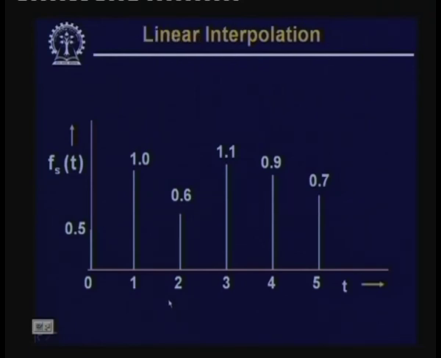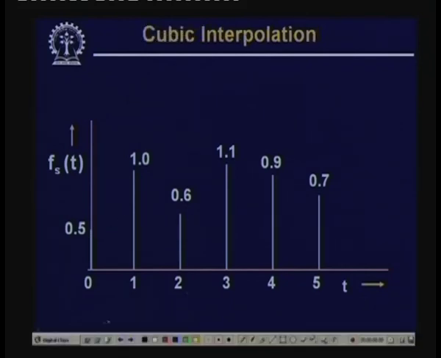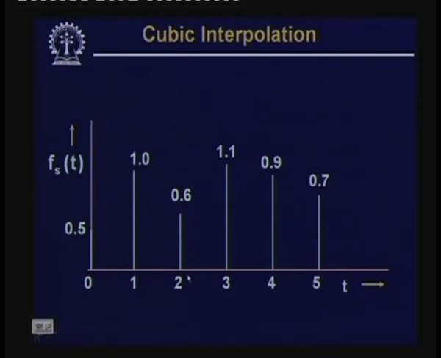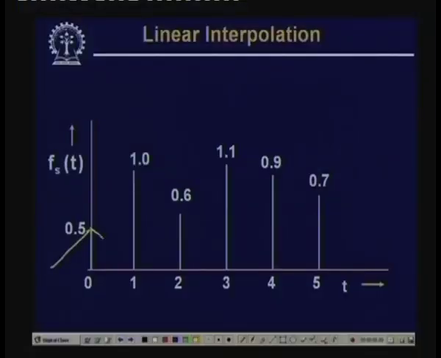In case of linear interpolation, when I consider the value of p 0, what I do is, I consider b minus 1 to t, and b minus 1 to t is something like this, where from minus 1 to 0, this increases linearly, attains a value of 1 at t equal to 0.